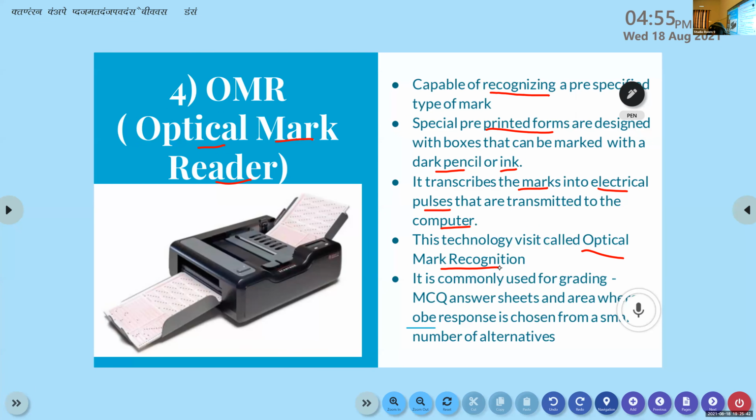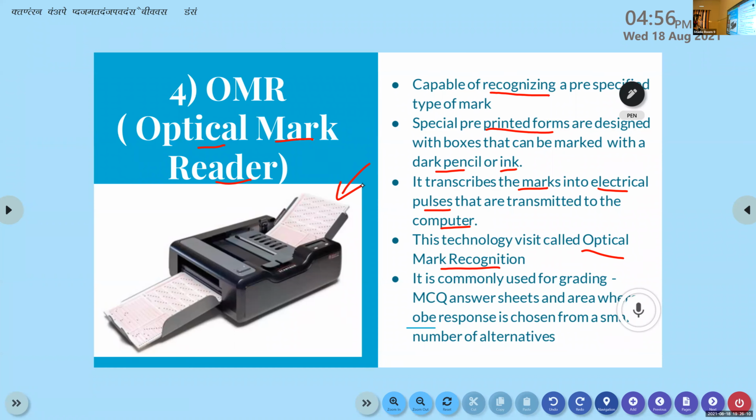So this translates the mark into electric pulses. This technology is known as optical mark recognition. Okay, OMR. It is commonly used for grading your MCQ answer sheets. It is mainly being used for that. Here you can see your favorite paper in your life, isn't it?